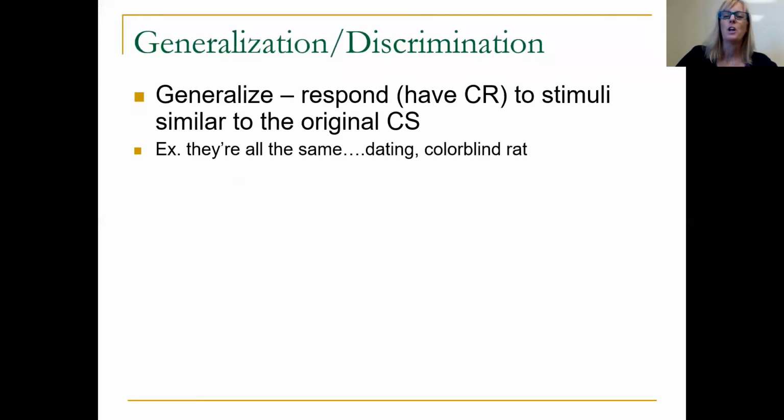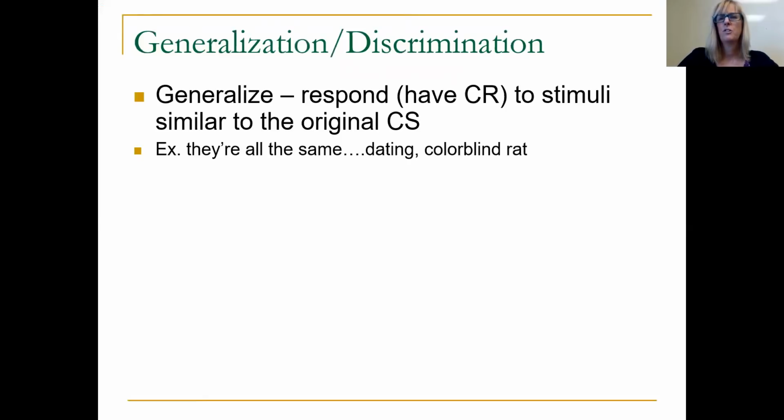The colorblind rat I have is, what if you had a rat that, if a red light is showing, has to press the lever 5 times for food. But if the green light is showing, he has to press the lever 10 times for food, whatever. He learns these things. Well, if I train the rat and then I start showing it these different colors, if he's colorblind, he'll treat them all the same. That's just giving you an analogy of generalization. It's when you treat things that are different similarly, right?